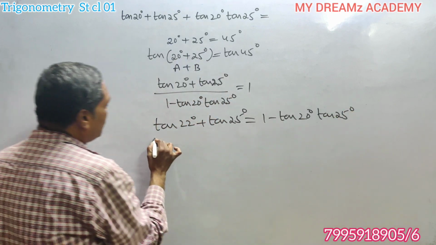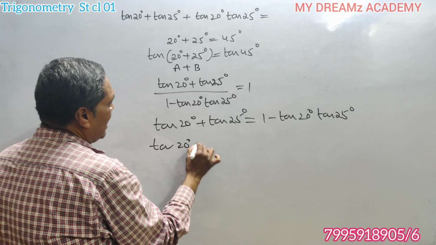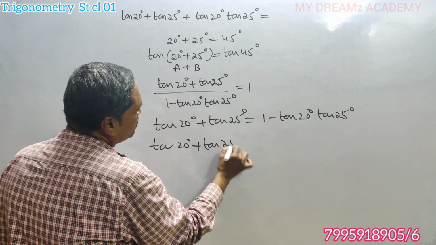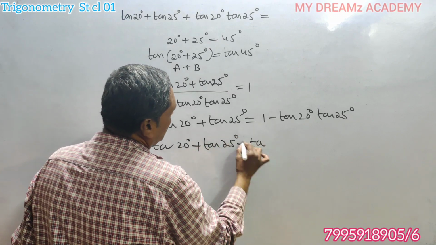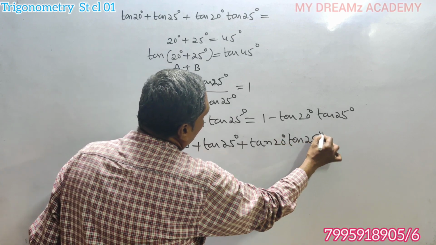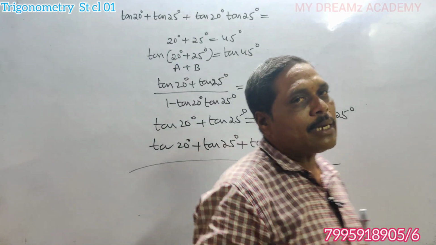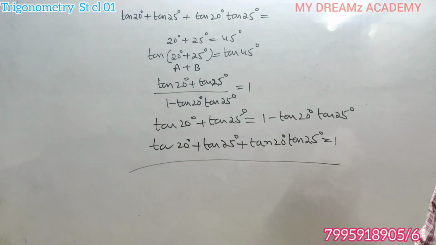Bring this side: tan 20 plus tan 25 plus tan 20 tan 25 is equal to 1. If you use this method, it will take minimum 1 to 1.5 minutes.